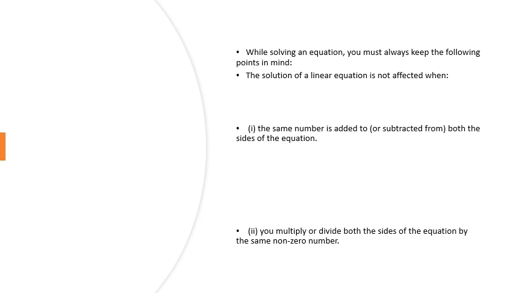For example, let me take the same thing, x plus 3 equal to 0. Now, if I am adding 5 to both sides, x plus 3 plus 5 equal to 0 plus 5, on the left hand side as well as the right hand side, what do I get?